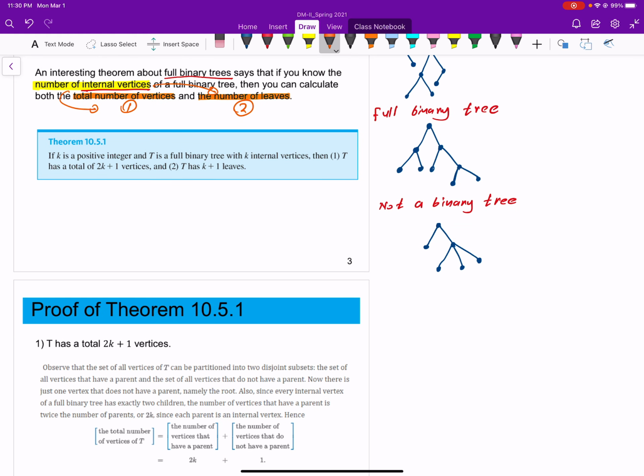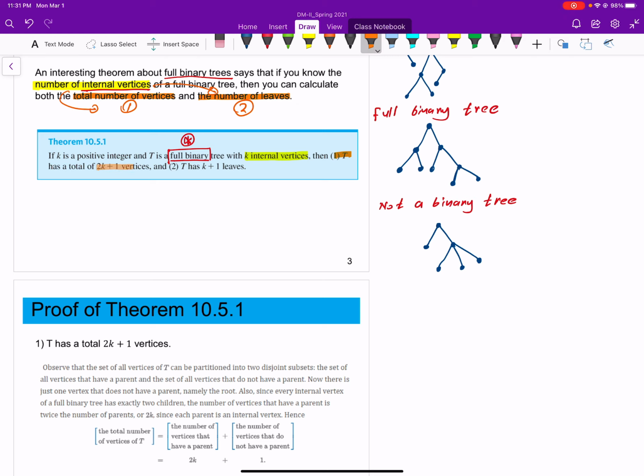Theorem 10.5.1. If k is a positive integer and T is a full binary tree, that's important, it should be a full binary tree, with k internal vertices, this information is required, then T has a total of 2k plus 1 vertices, and T has k plus 1 leaves.